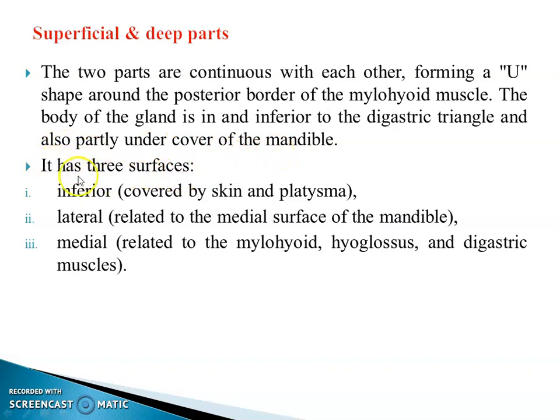It has three surfaces, as we have just seen: the inferior surface, lateral surface, and the medial surface. The inferior surface is covered by the skin and platysma. The lateral surface is related to the medial surface of the mandible, and the medial surface is related to the muscles such as mylohyoid, hyoglossus, and the digastric muscle.